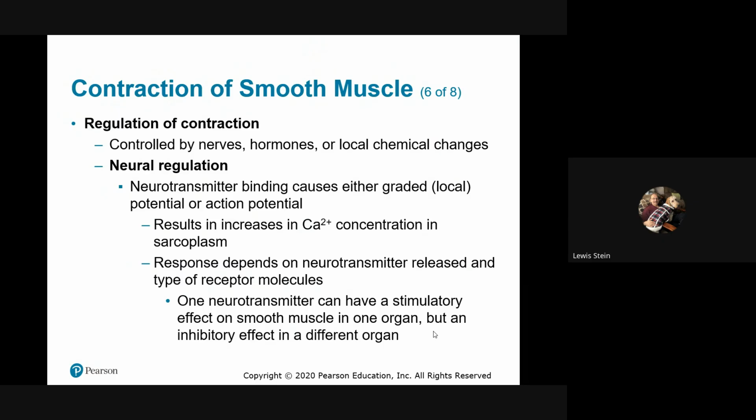If you know somebody who's on high blood pressure medicine or heart medicine, typically asthma medicine, you're going to see it there. Asthma medicine deals with smooth muscle in the respiratory passageways. And everybody here knows somebody who has an inhaler.